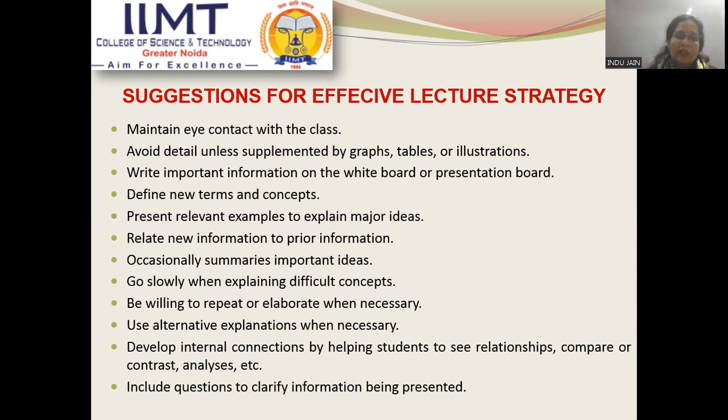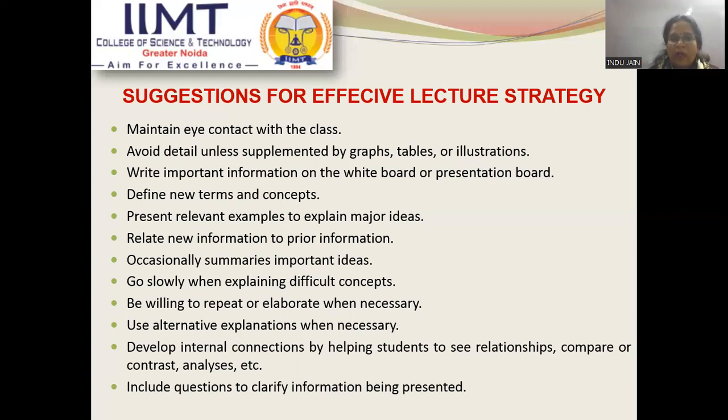Second one is avoid detail of the concept. Means the concept can be supplemented with the help of graphs, tables, or illustrations so that students become able to understand the topic clearly.